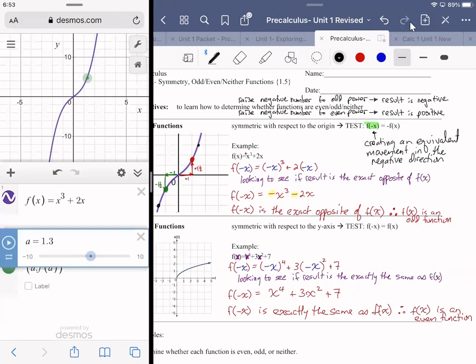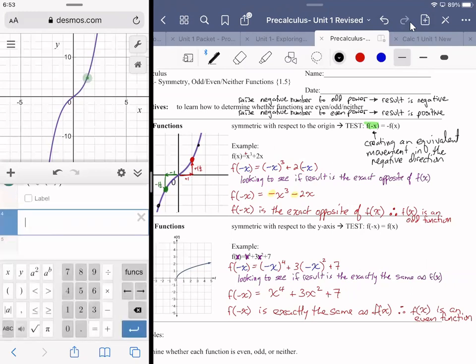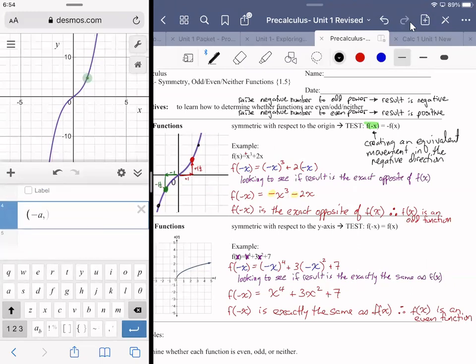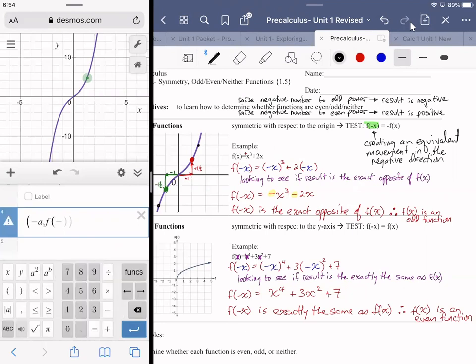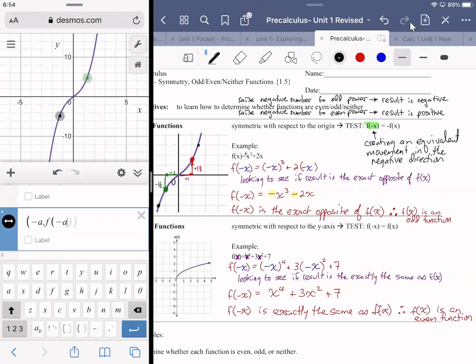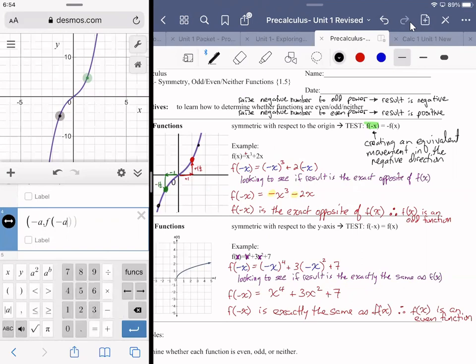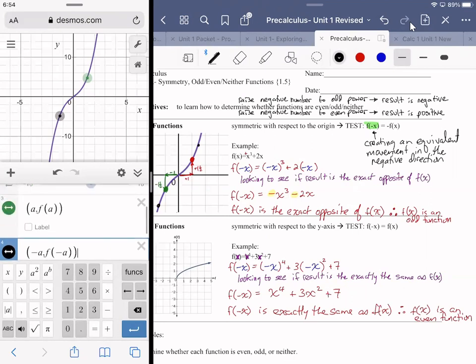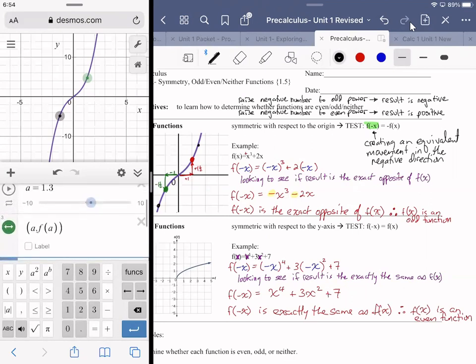And then negative a comma f of negative a. All right. So what's happening here is we have 2 points that are reflections of one another.